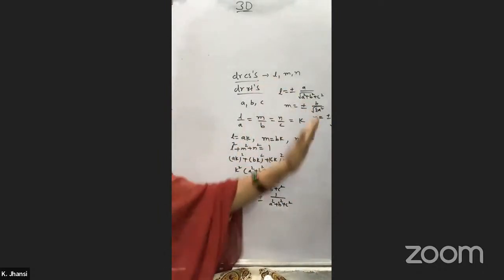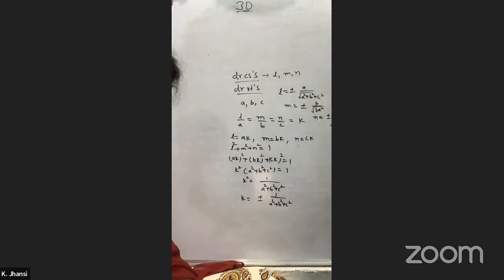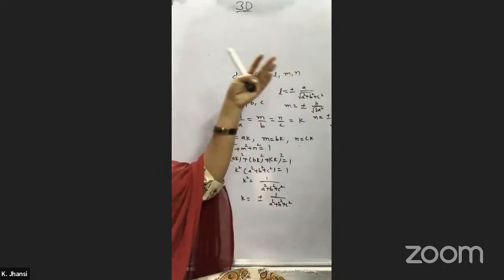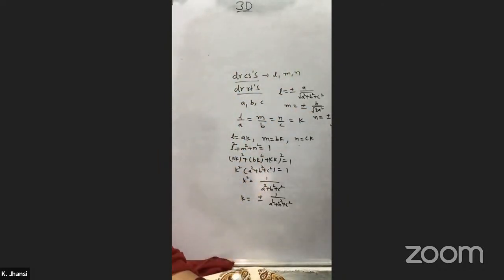This whole proof is given on page number 90. The direction cosines of a line are such that the same sign, either positive or negative, is to be taken throughout. Why? Because if it is negative, the negative sign will come up, and down you will get a positive sign.